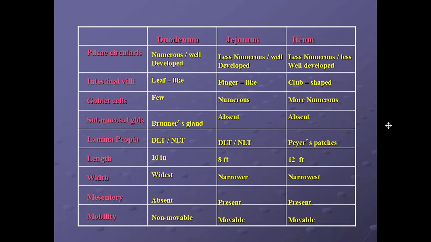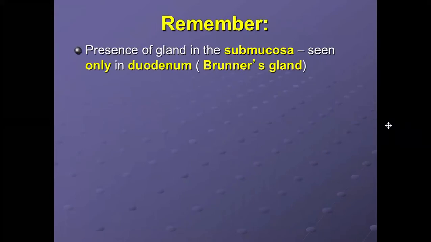Why? Because so many secretions coming from the accessory organs go into that opening into the duodenum, and it becomes narrower and narrower. And then your mesentery, absent in the duodenum, present in both the jejunum and ileum. And the mobility, the duodenum is non-movable, very short, attached. And then the other two are very movable. Remember, class, presence of gland in the submucosa is seen only in the duodenum, and the name is Brunner's gland.